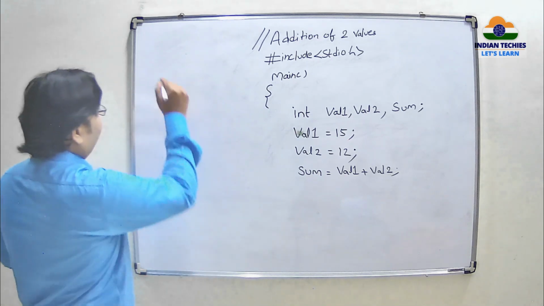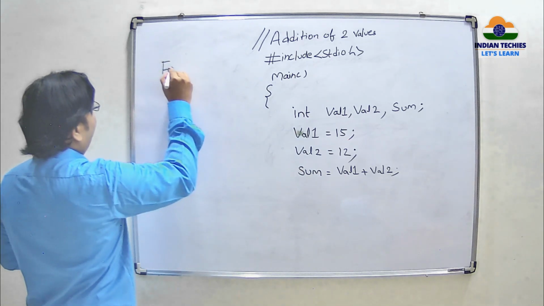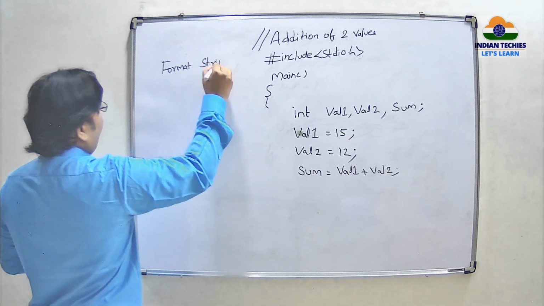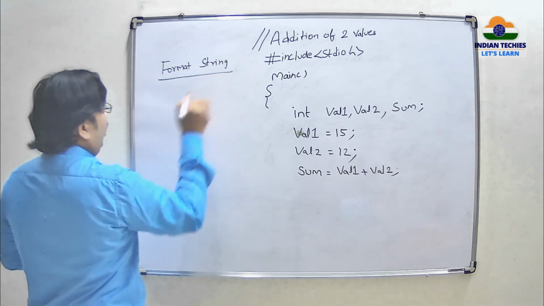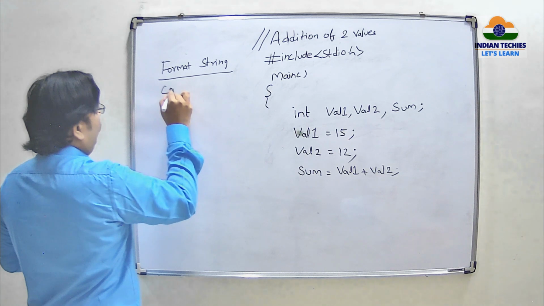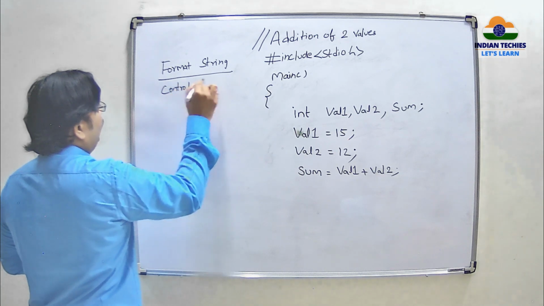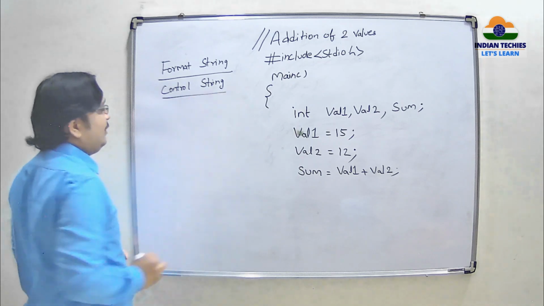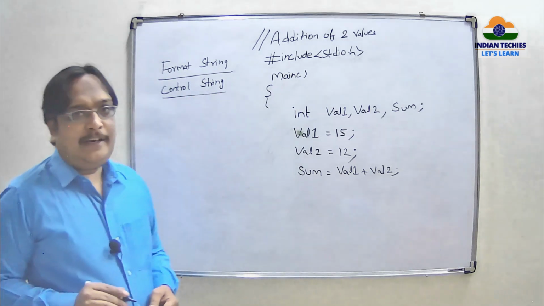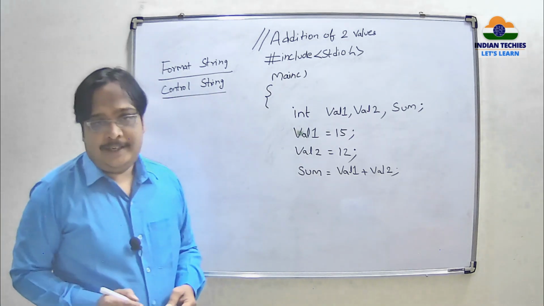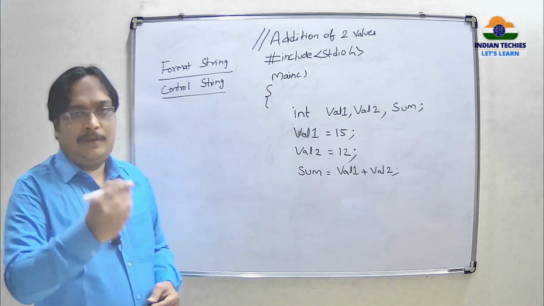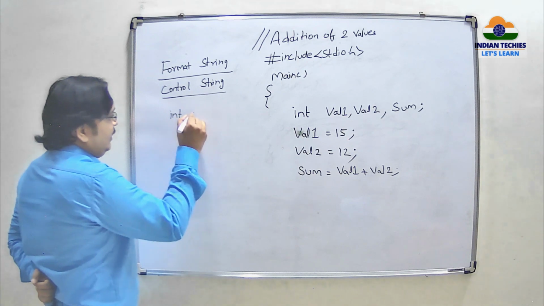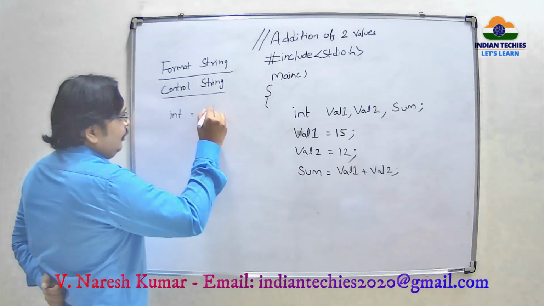For that purpose, we have some format strings, or some people also call it a control string. More than one character can be called a string, right? You have to tell the format to the compiler.